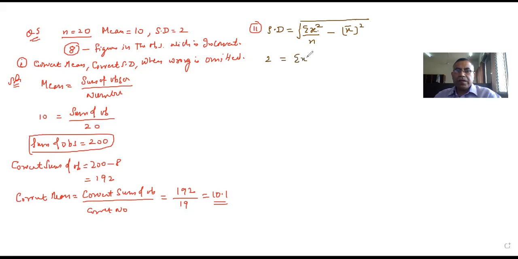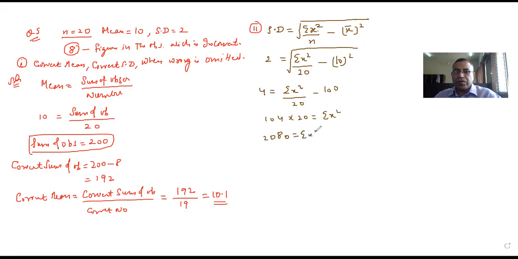Sum of this I want to find out. Number of observations is 20. Minus mean, which is 10. So 4 equals this, squaring both sides: 4 plus 100 is 104, multiplied by 20 gives 2080. This is equal to sigma x square.